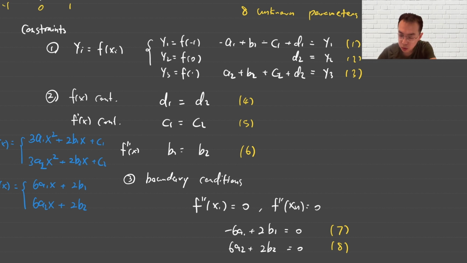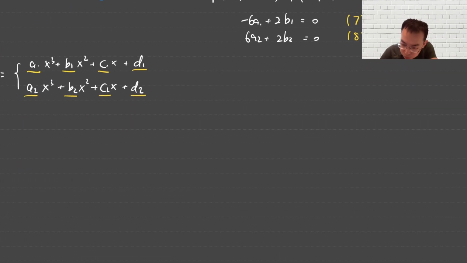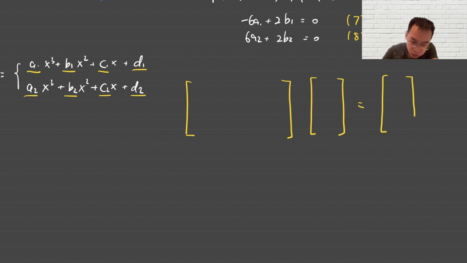We can definitely solve this by writing everything down in a matrix form. So here we're going to put our parameters: a1, b1, c1, d1, a2, b2, c2, d2.